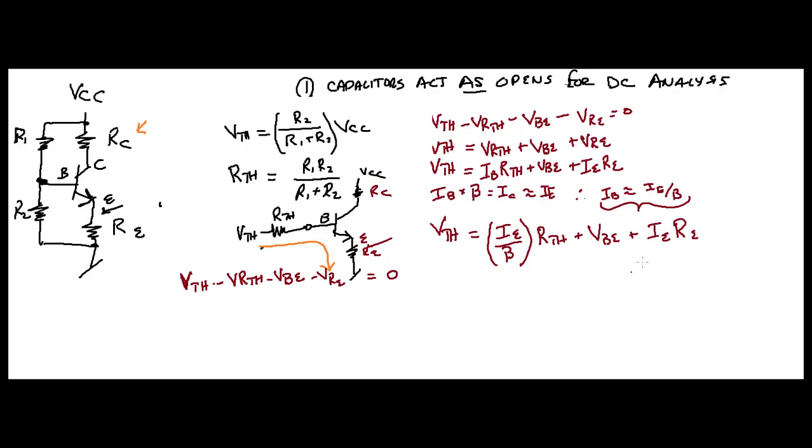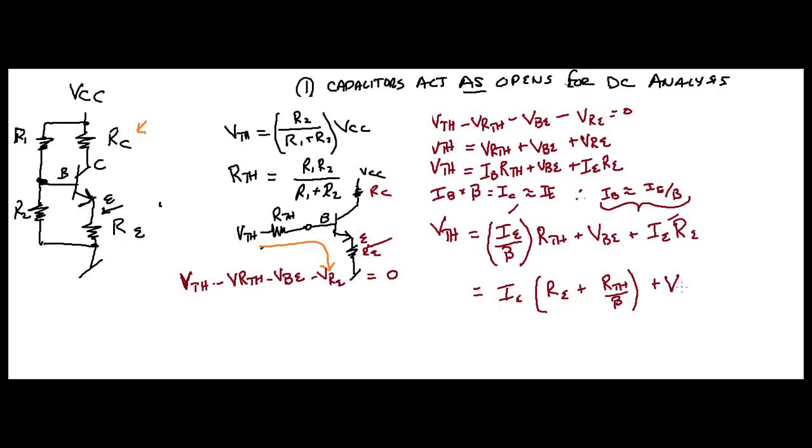Now, let's do something else. These two terms both have IE in them, right? When I say these two terms, I'm talking about this term right here and this term right here. So let's rewrite this again. What we're going to do is say that this is equal, I'm going to bring this term over here, IE times, now if I look at this one, it's going to be RE plus RTH divided by beta, right?